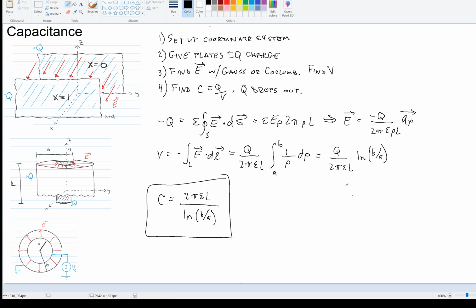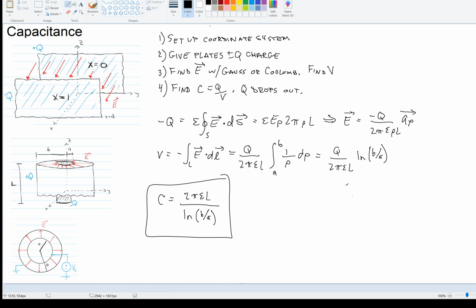Now, in the beginning of this video, I said that we could either assume Q and find V using Gauss or Coulomb's law, or you could assume V and then calculate Q using the Laplace equation. So now I'm going to do the reverse.